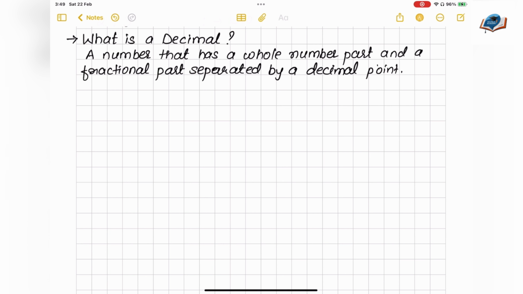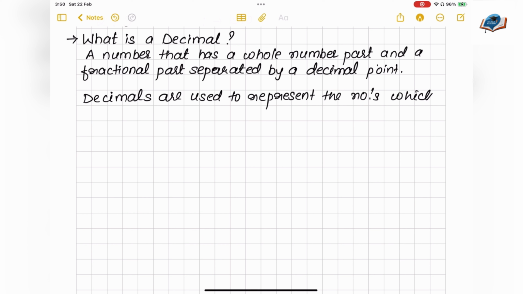And decimals are used to represent the numbers which are not full or whole.